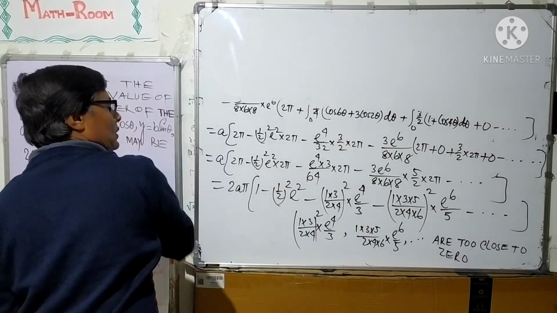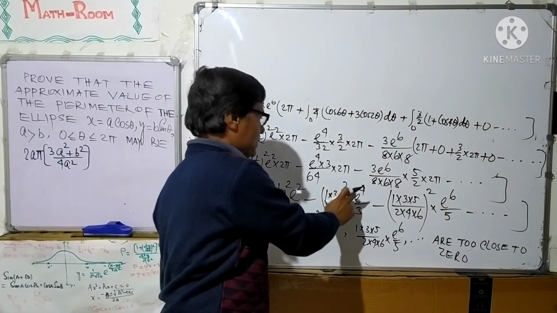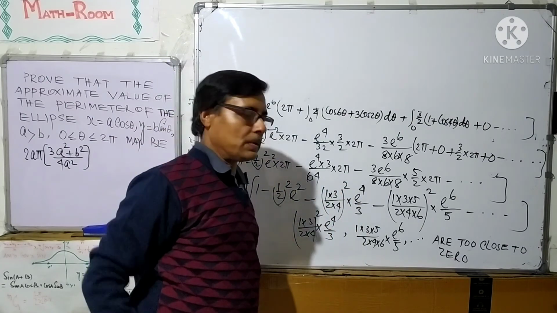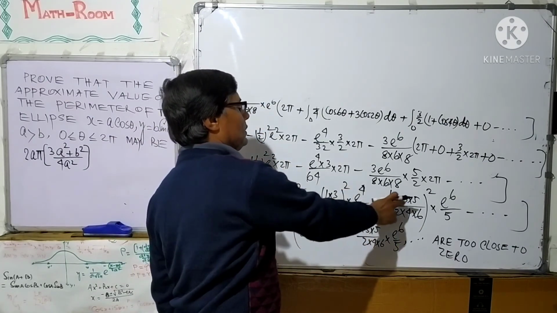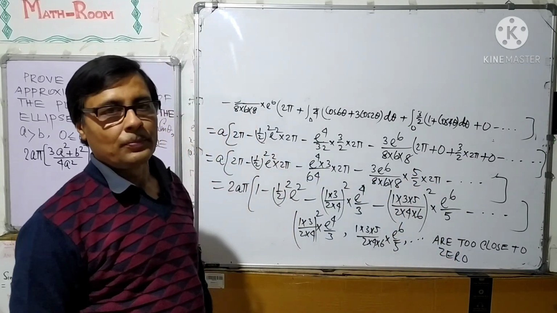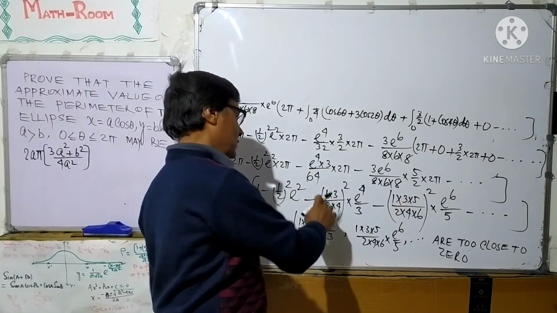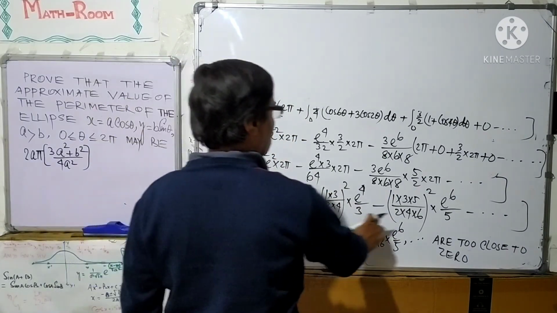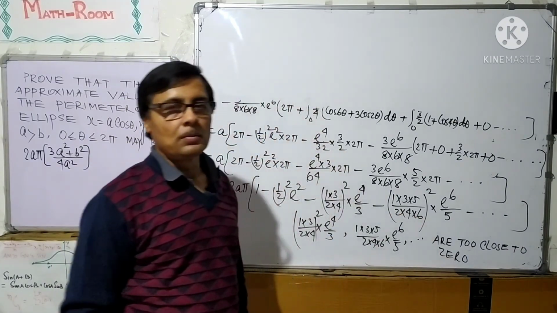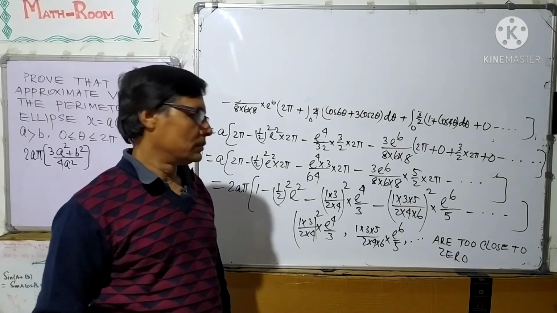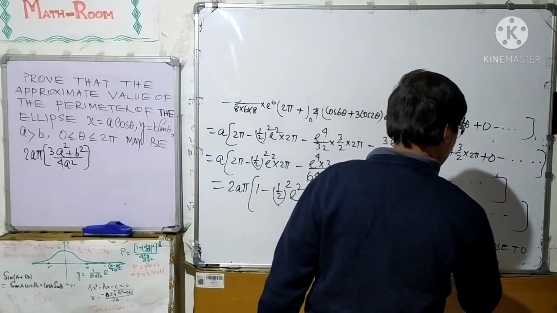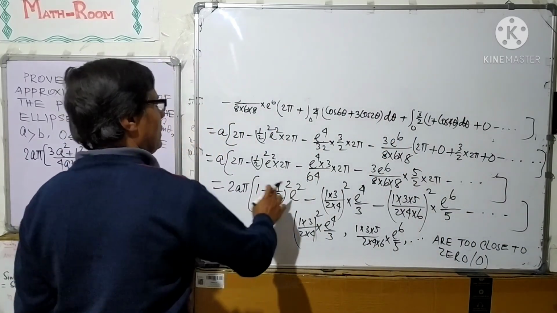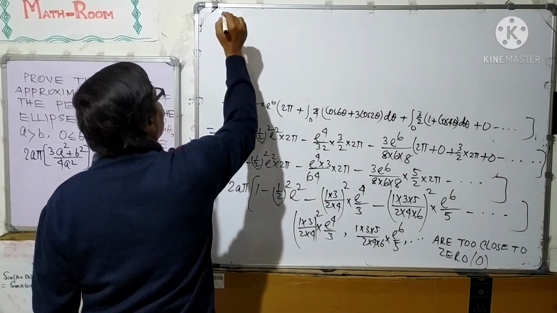So these terms are neglected, that is e to the power 4 over 3 and the following terms are all negligible, because they are very close to 0.